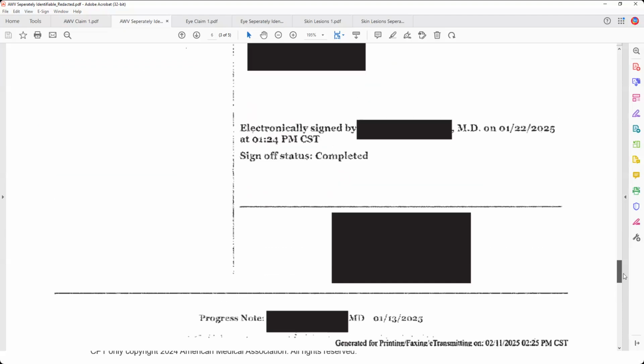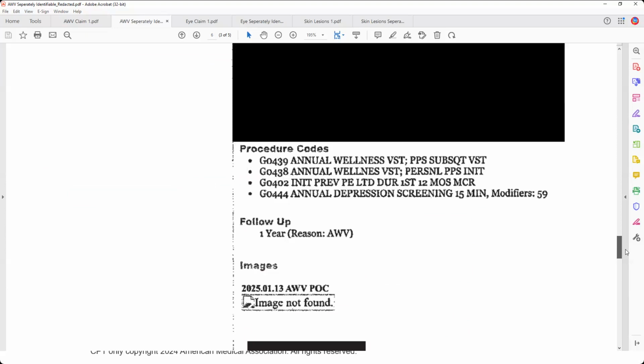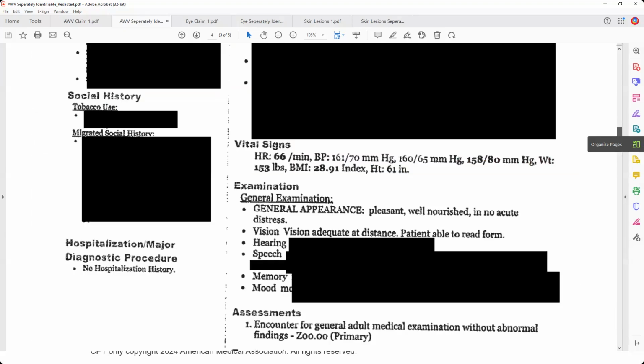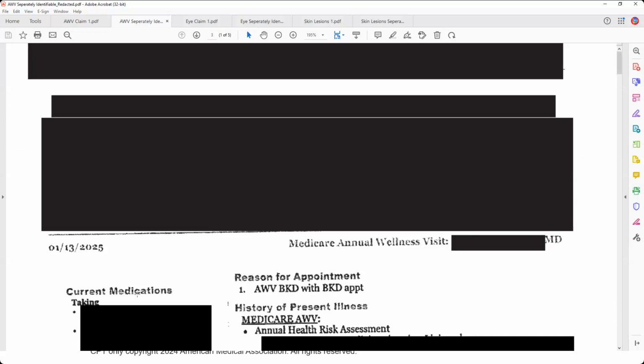And then as we scroll down, again, procedure codes that they were going to put on the claim, etc. So there's not enough information here to support that E&M code. You can do the exact same thing in your office.